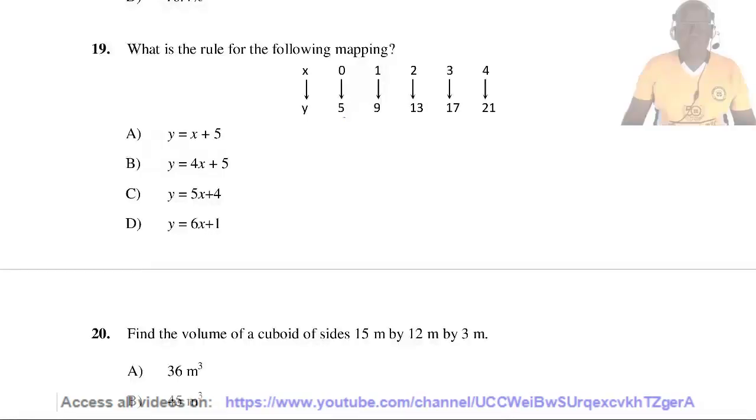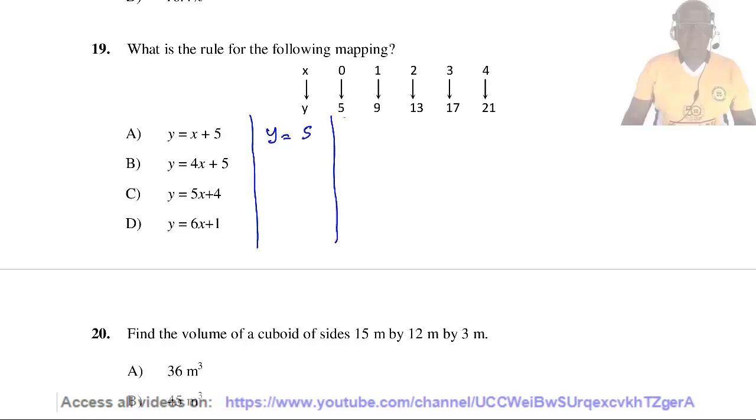Question 19. What is the rule for the following mapping? S maps into Y, 0 maps into 5, 1 maps into 9, 2 maps into 13, 3 maps into 17, and 4 maps into 21. We shall use the method of testing to solve this problem. Let us test with S equal to 0. For S equal to 0, for A, Y is going to be equal to 0 plus 5, which is 5.